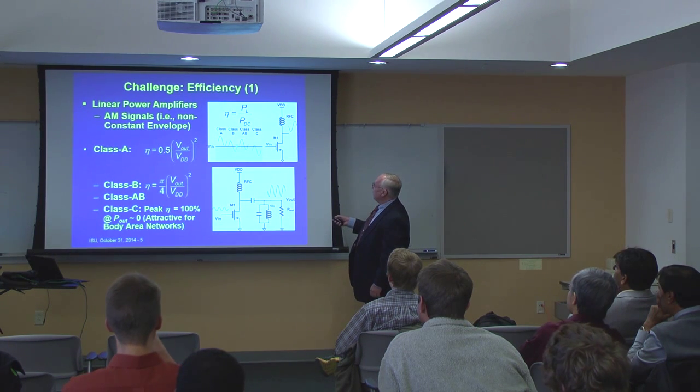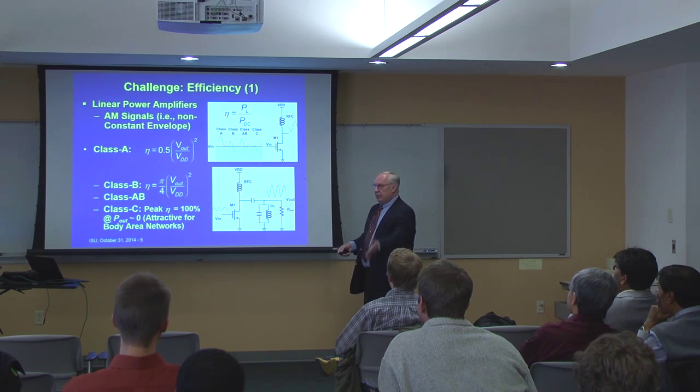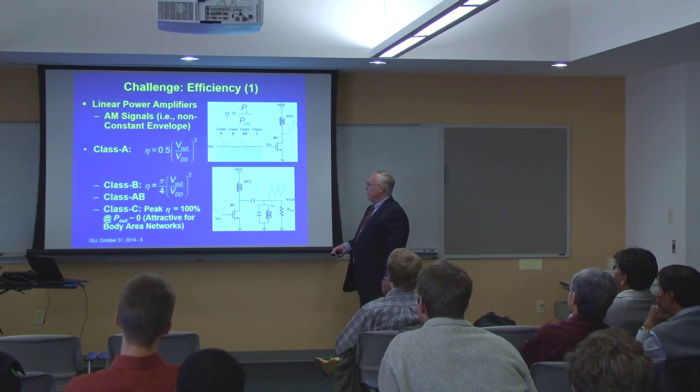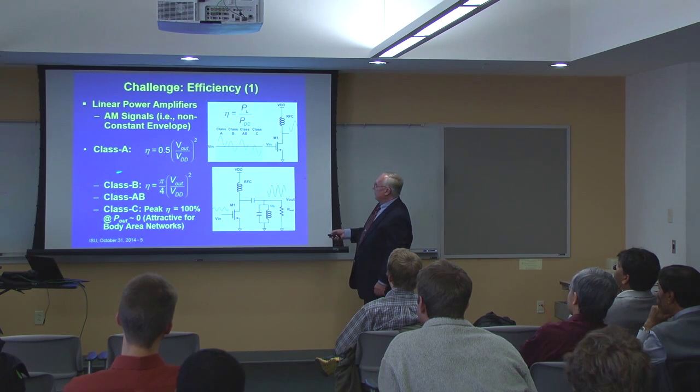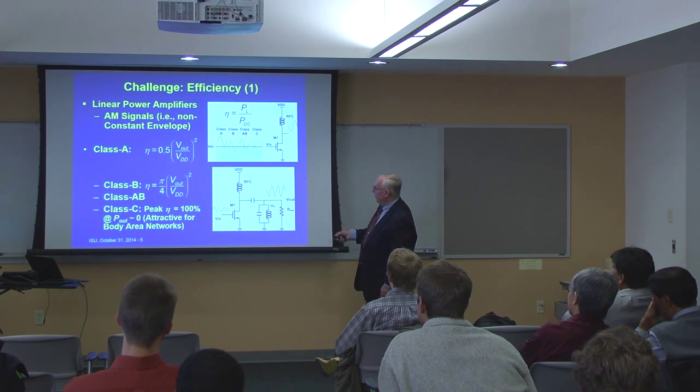If you go to class B, which is here, it's on half the time, off half the time. A lot of distortion, obviously, because you're only amplifying half the signal, but the maximum efficiency here is 78.5%. Very good. Of course, you have too much distortion here, so you try to compromise this and go to somewhere in between, which is class AB here.